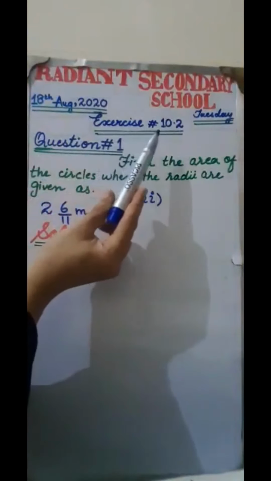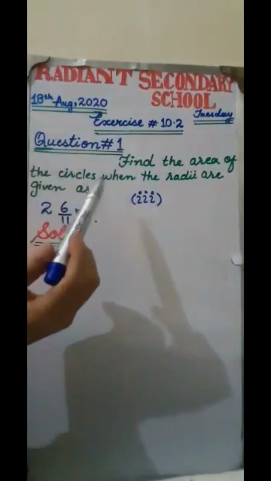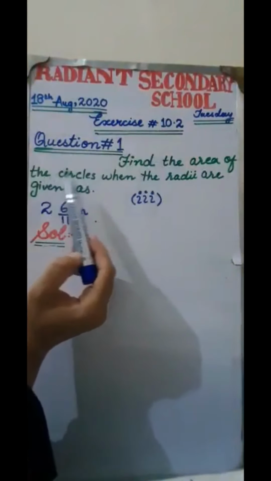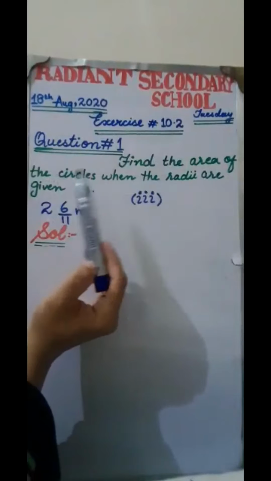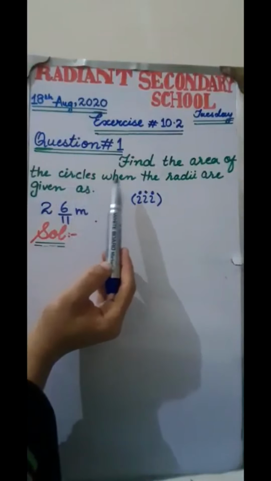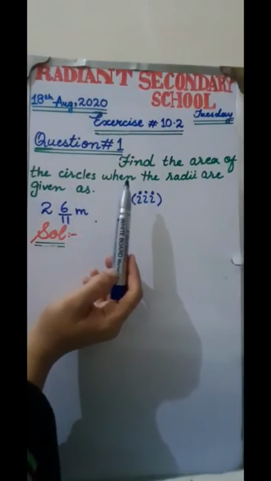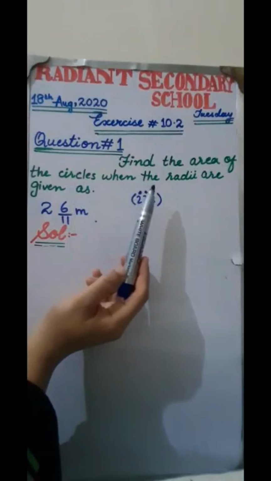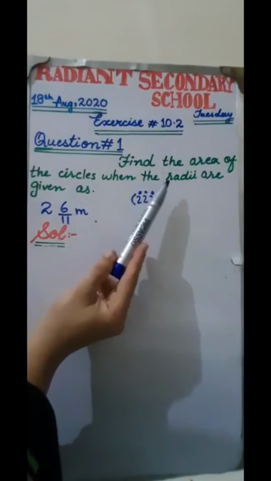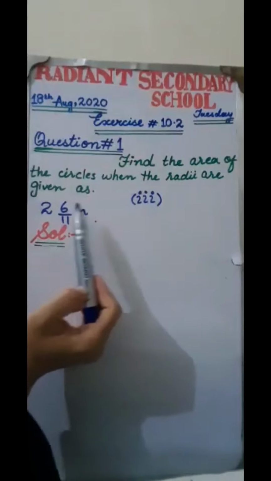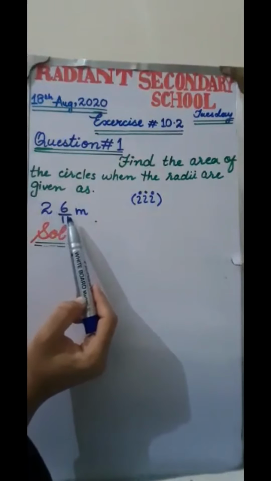Today we have to start exercise 10.2, question number 1. Find the area of the circles when the radii are given as. In this question, radius is given. We have to find the area of a circle with the help of the radius. In the third part, the radius is given as 2 whole 6/11.